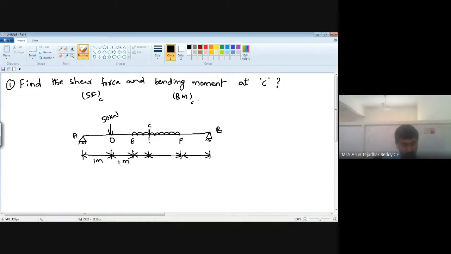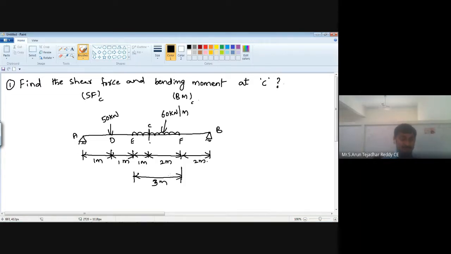The spans are 1 meter, 1 meter, 1 meter, 2 meter, 2 meter. Load is 60 kilonewton per meter. Now the total UDL is 1 meter plus 2 meter, 3 meter. This is the given diagram, 1 plus 2, 3 meter.